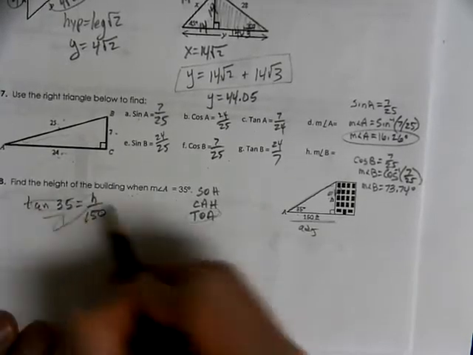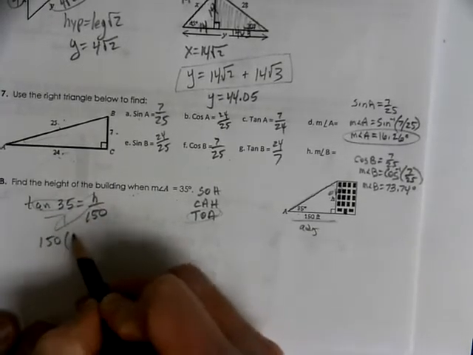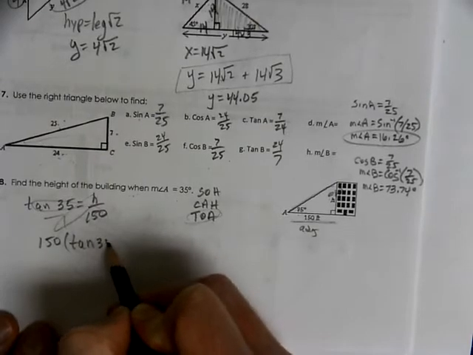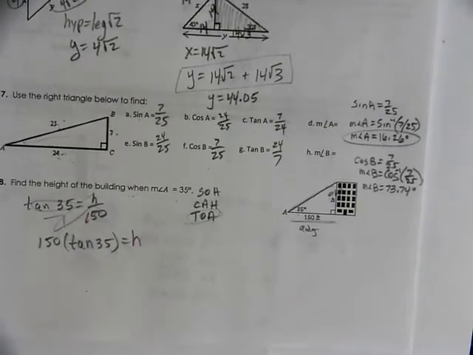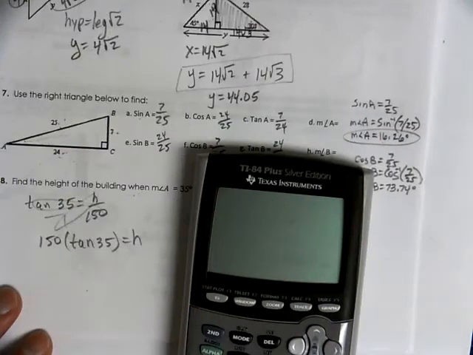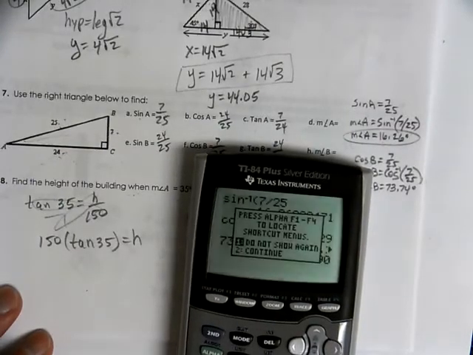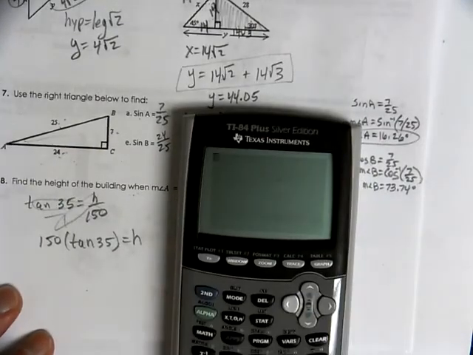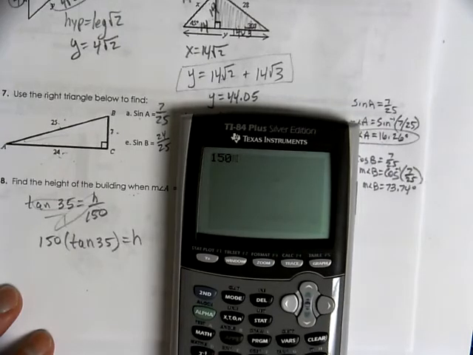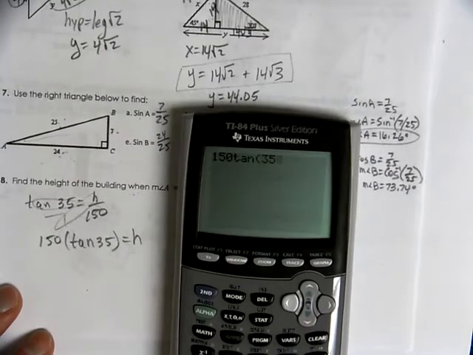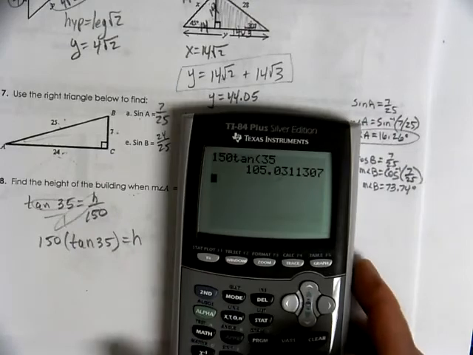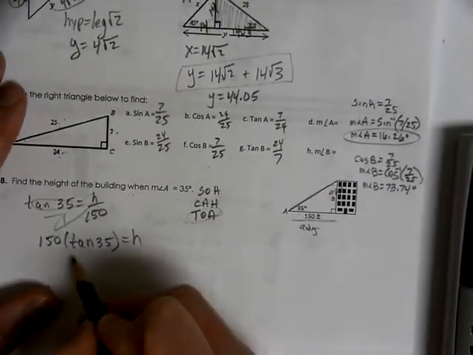We're going to cross multiply and say 150 times tangent of 35 equals h. 150 times the tangent of 35, that's 105.03.